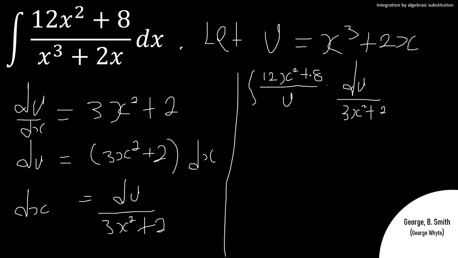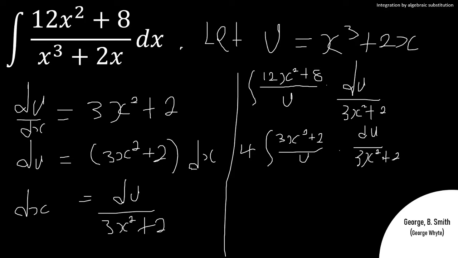Now if you notice this, the numerator has something common. I think 4 is common, so if you can factor out 4 from the numerator, here I'll be left with 3x squared plus 2 divided by u times du all over 3x squared plus 2.